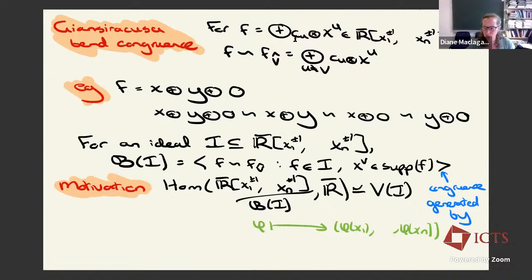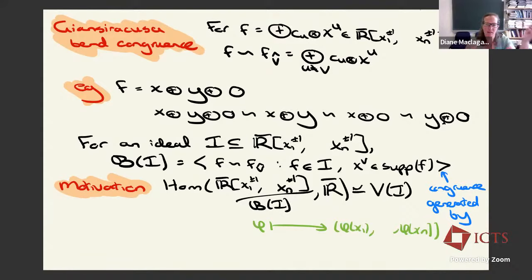So let's see an example. So the first example will be if I start with x plus y plus 0, then I just set x plus y plus 0 congruent to x plus y, that's with the term 0 removed, congruent to x plus 0, that's with the term y removed, and congruent to y plus 0, that's with the term x removed. Okay, and then if I have an ideal, the bent congruence of I is I'm just going to do this for every polynomial in the ideal and every term of that polynomial.